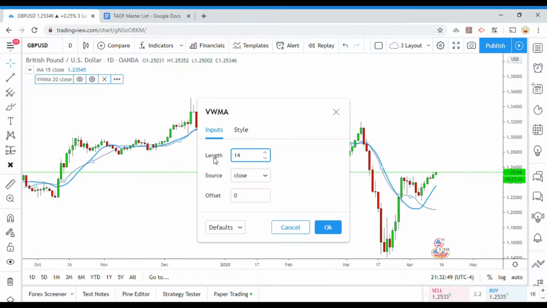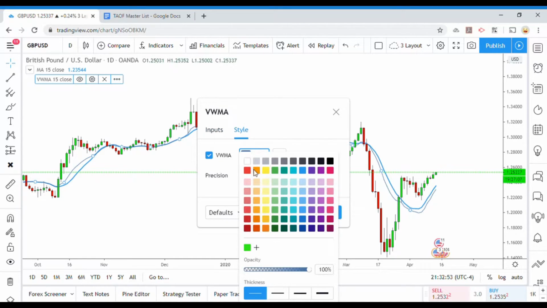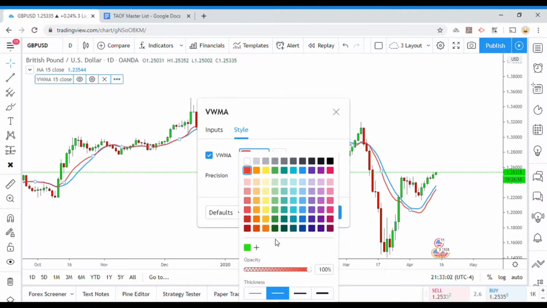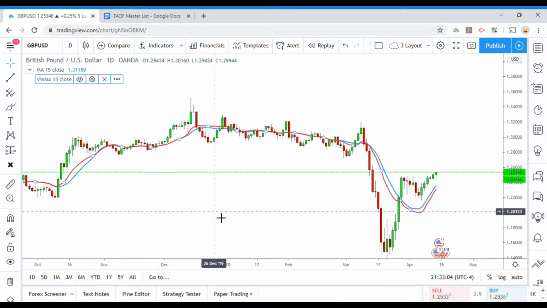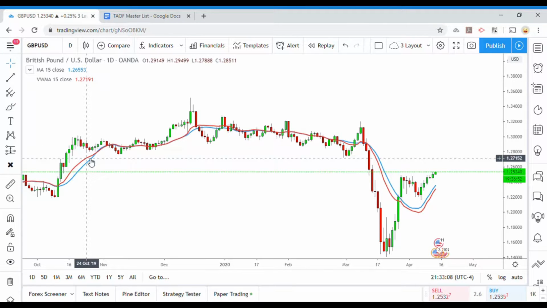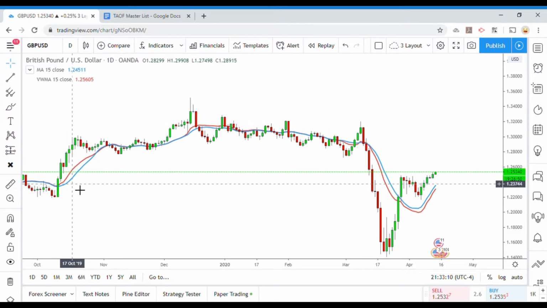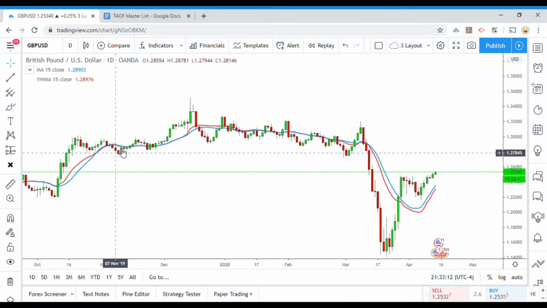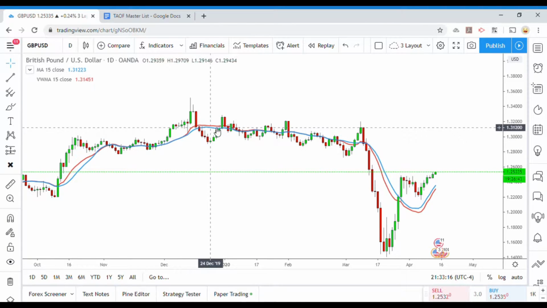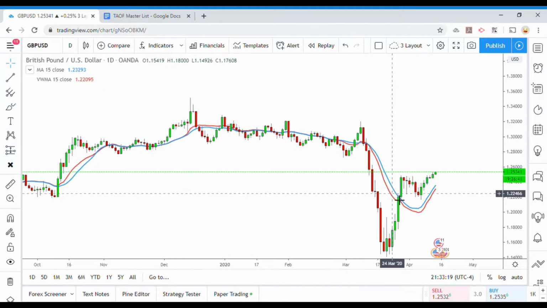let's just put one up here for the sake of demonstration. 15, let's turn it to the right, see if we can get it to stand out there. Okay, so here in red is a volume weighted moving average. Here in blue is your standard moving average.